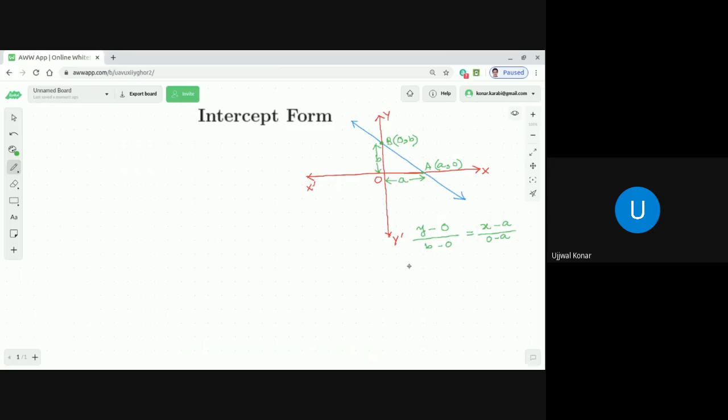So what we are getting here is minus ay equals bx minus ab.